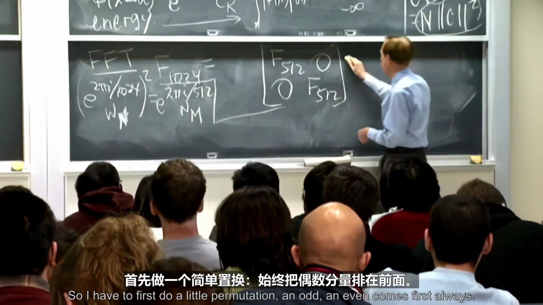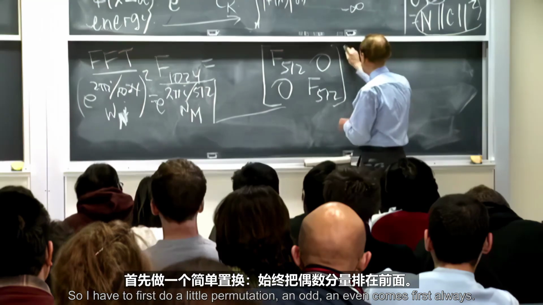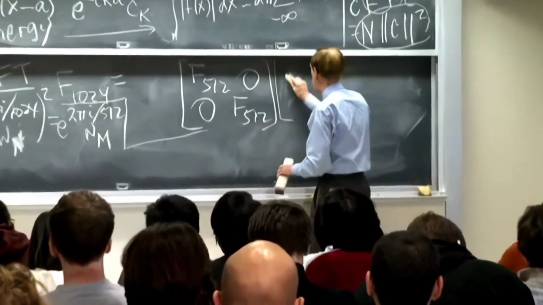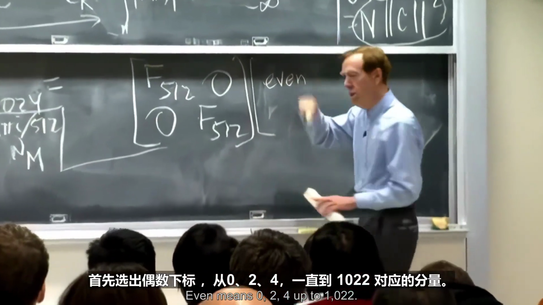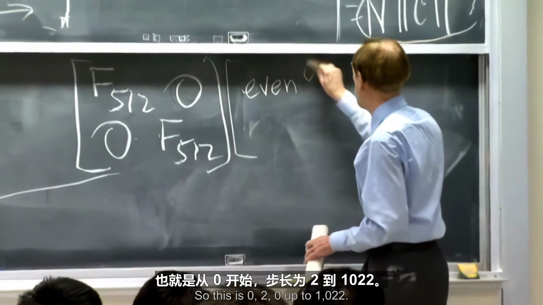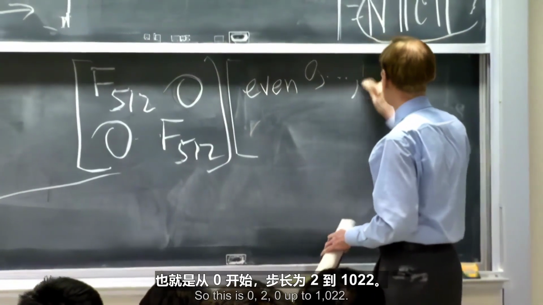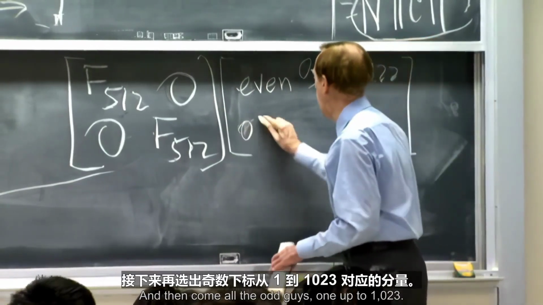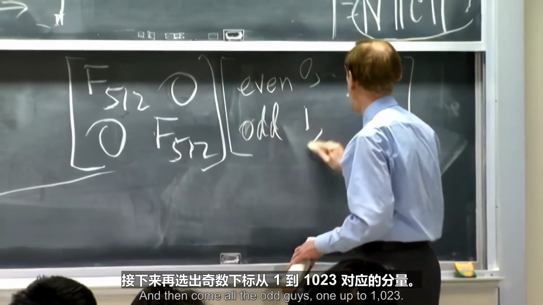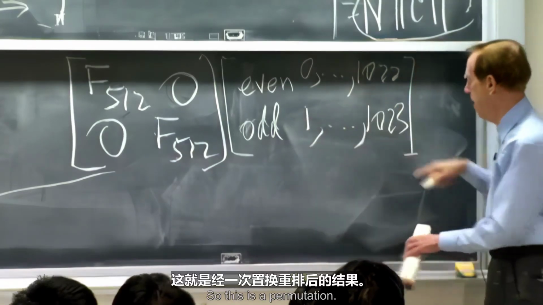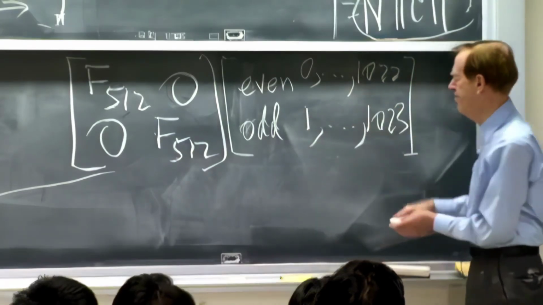So I have to first do a little permutation, an odd and even. Even comes first always. Even means 0 up to 1022. And then come all the odd guys, 1 up to 1023. So this is a simple permutation.